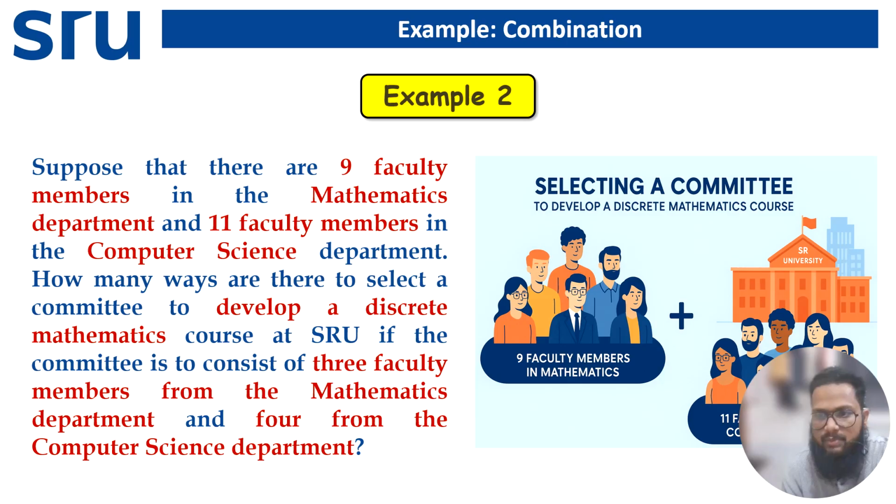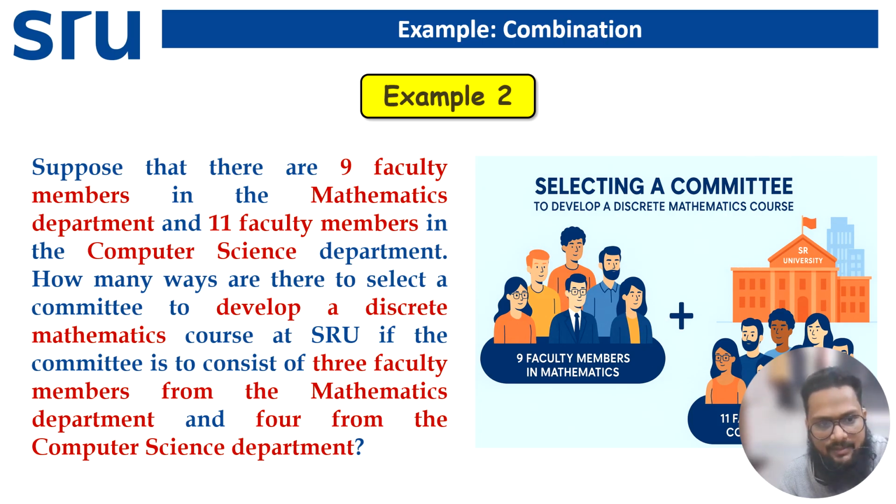Now see this example 2. Suppose you are taking a discrete mathematics course in your university, for example. This course will be taught by two different department faculties. One is from the mathematics department, one is from the computer science department.